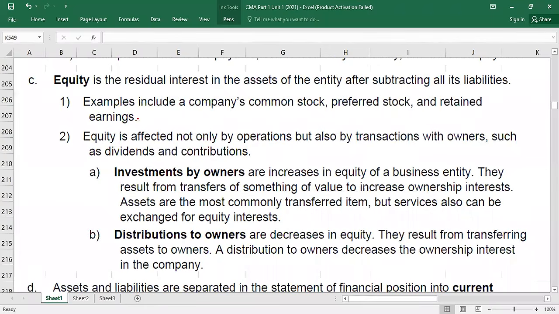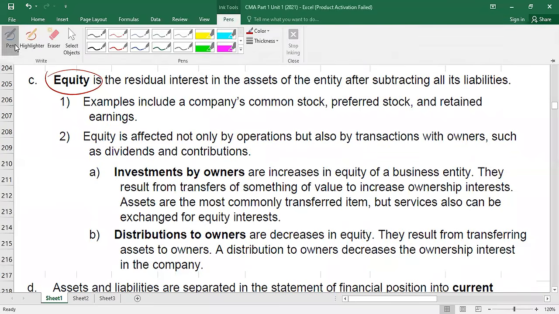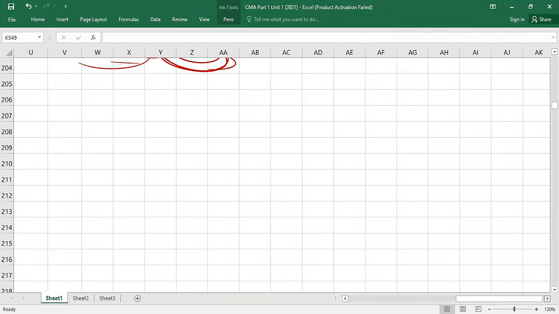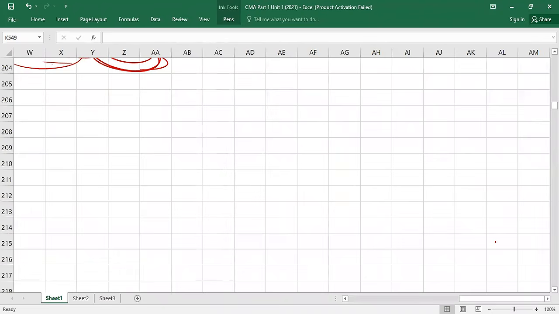Then we have the third definition, which is about equity. Guys, this is how equity is defined.